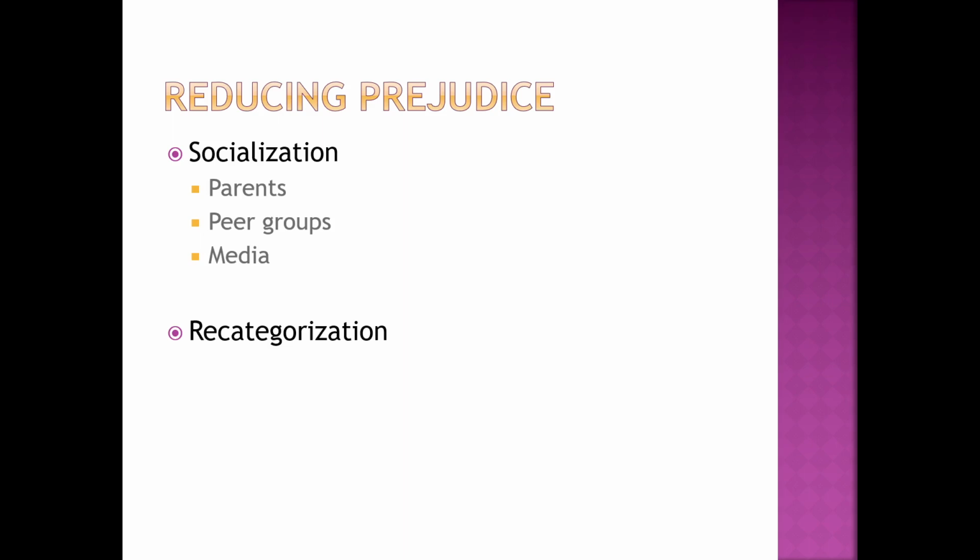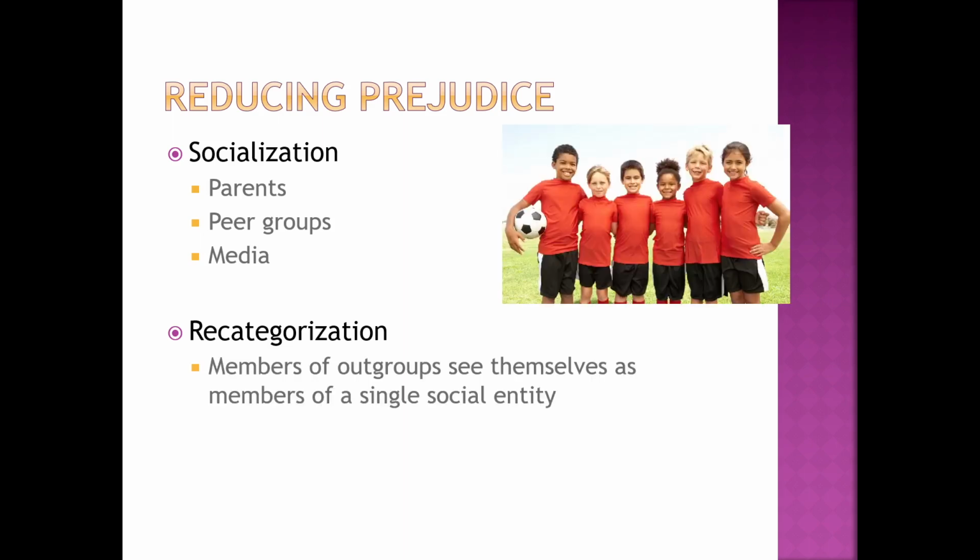Now, as individuals, we can take control of our tendency towards prejudice by recategorizing, right? If we can say to ourselves that it's not an in-group, out-group thing, but instead broaden our definition of what is an in-group. We've talked about collectivistic cultures.